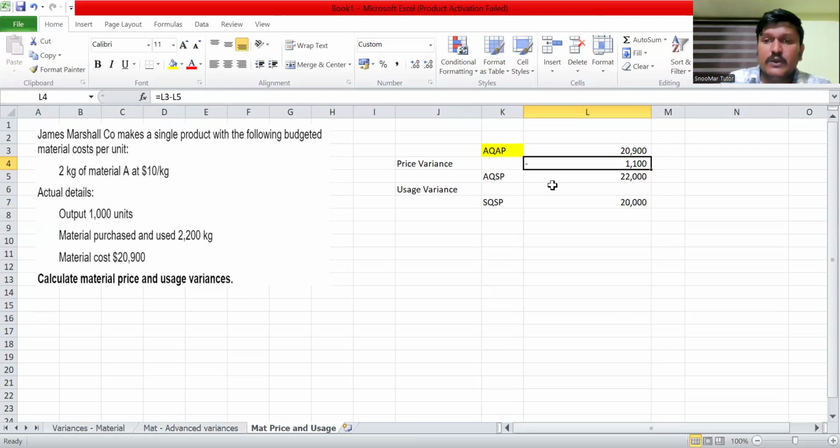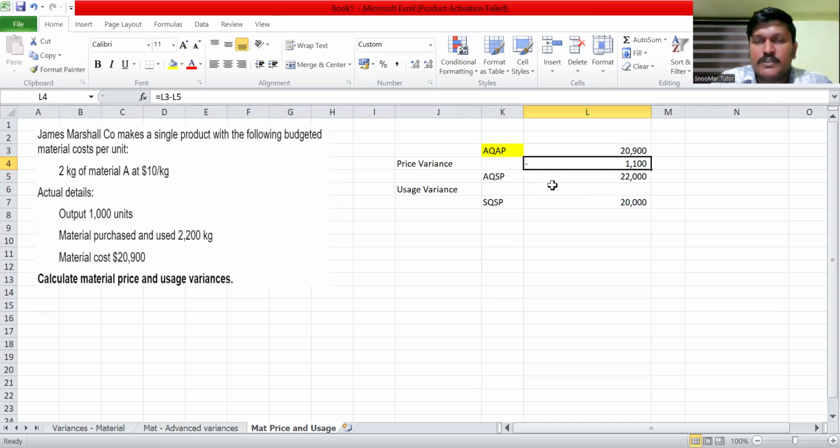Now don't look at the negative or positive sign over here. Normally, when we follow this particular order, you'll be subtracting the top from the bottom, and if you get a negative, it would normally be an adverse variance. But the concept is, in a price variance we are comparing AP versus SP, actual price and standard price.